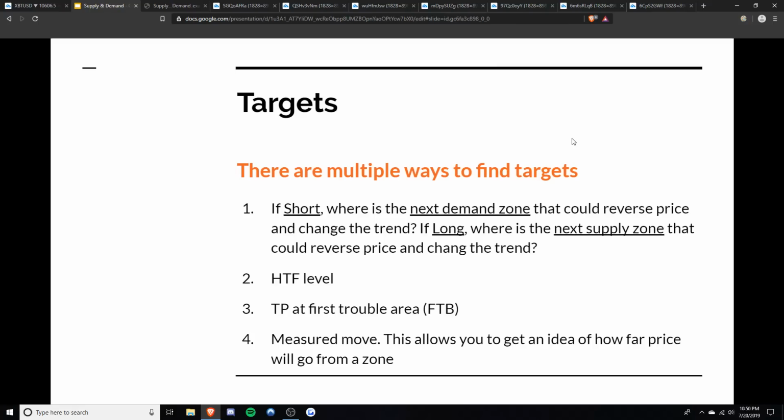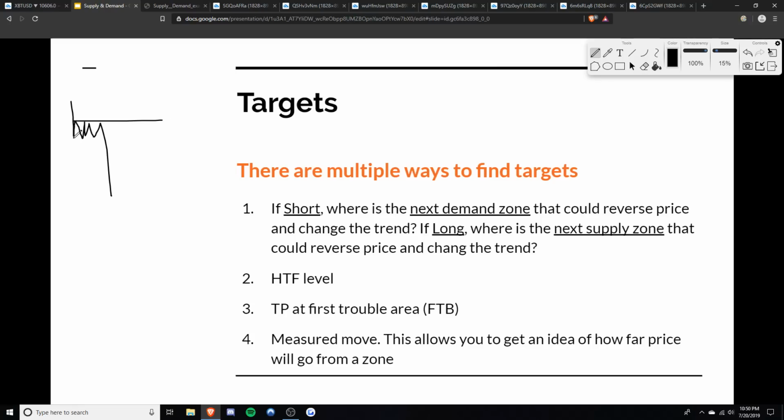If you're short, where's the next demand zone that could reverse price and change the trend? So if you are short from, again, this example, you have a drop, a base, a drop. Price comes back up, fills you on this. Stop above here. So is this a demand zone right here that price could reverse from? Or is this just a reaction from a different zone?